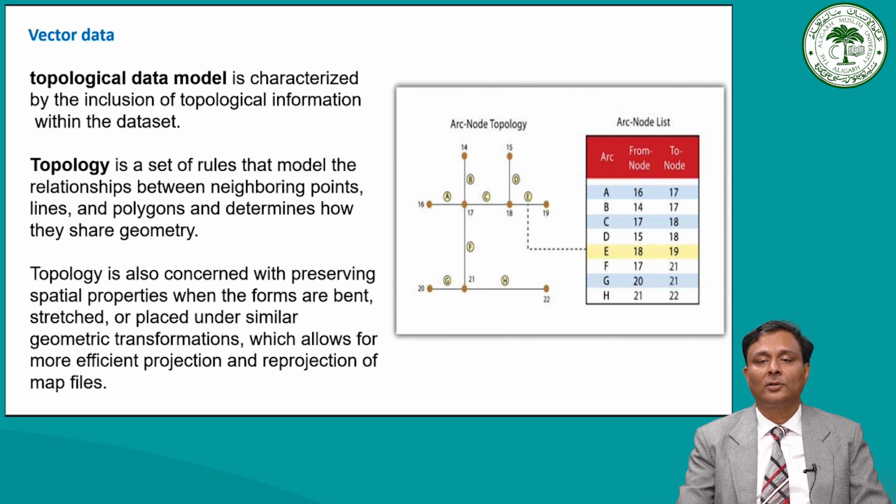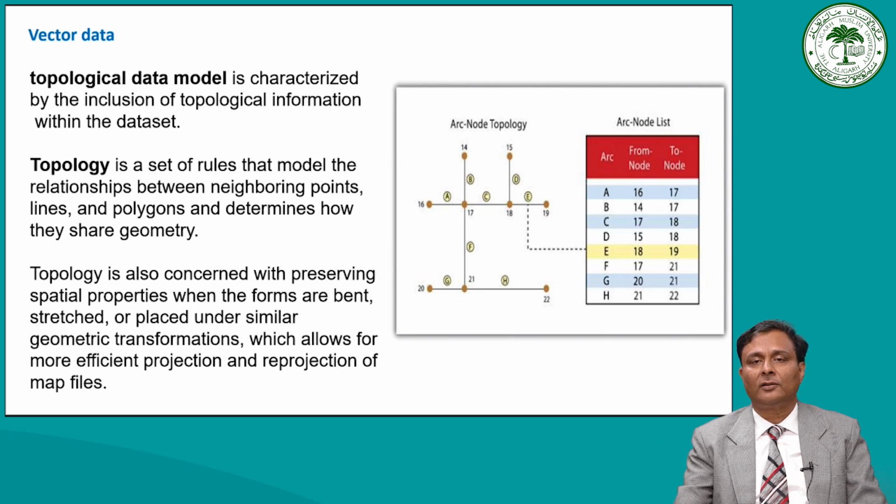Topology is also concerned with preserving the spatial properties when the forms are bent, stretched, or placed under similar geometric transformations, which allows for more efficient projection and reprojection of map files. All in all, I would say that the topology model is the ultimate in spatial representation, because we have seen in our previous discussion that raster data also have some errors associated with some of its properties.